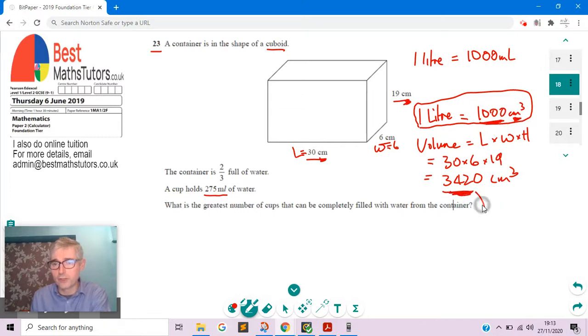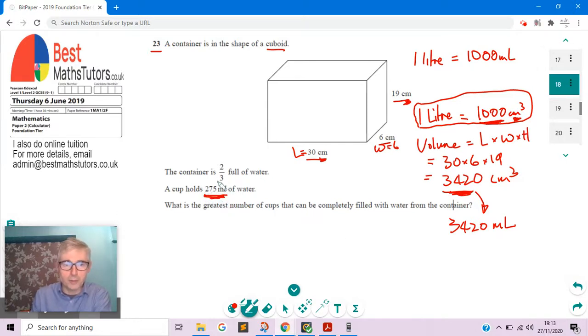So we can say that 3,420 centimetres cubed is actually equal to 3,420 millilitres, because 1 centimetre cubed is the same as 1 millilitre. And that's useful for working in millilitres here, because the cup is actually measured in millilitres as well.